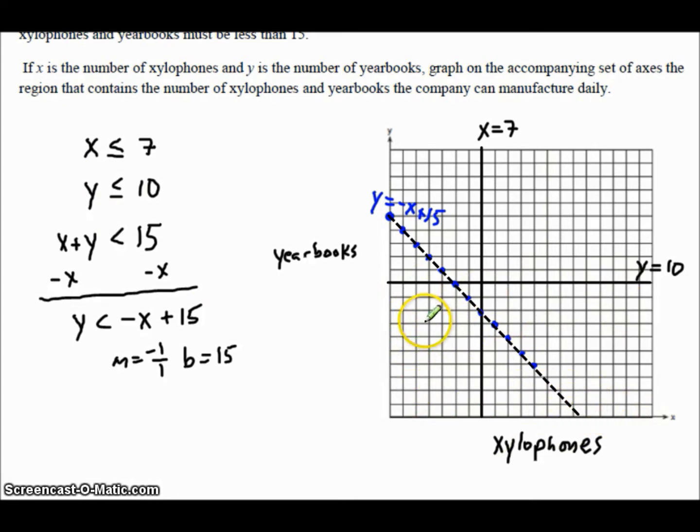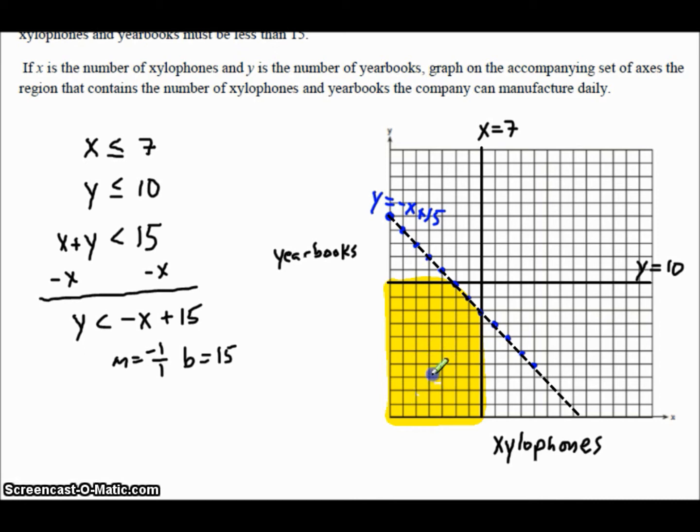And then I've got to be less than this line, so it would be this way. So the area that makes all that up is this rectangle minus the little fold right there. This would be my solution area.